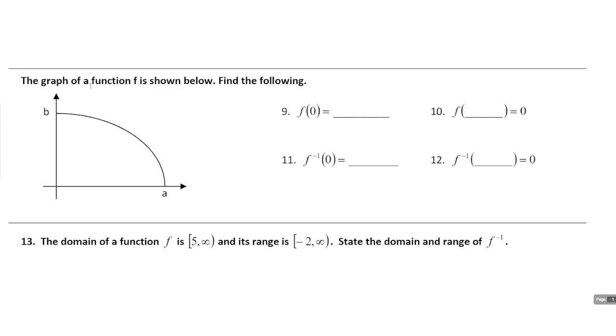Okay, so just to be clear, this graph is f. So a y value is what we're going to put for number 9. X is going to be this horizontal axis.